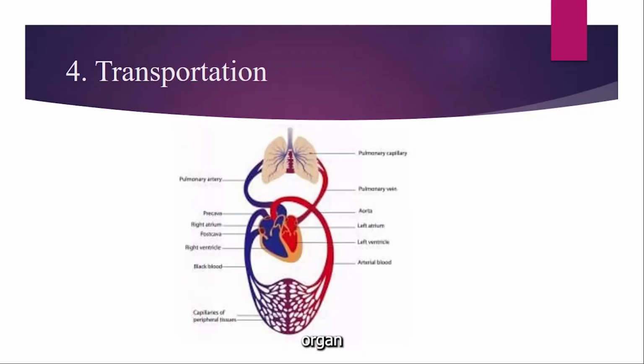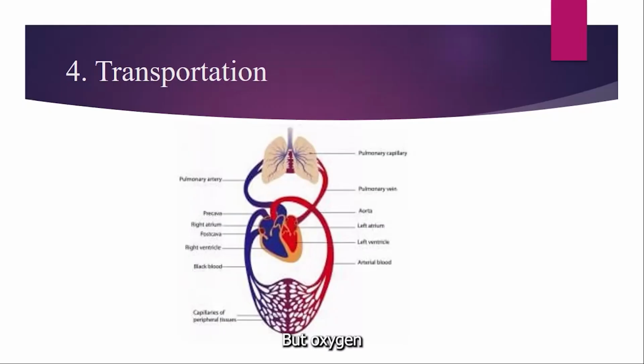A pumping organ is required to push the blood around the body, and a network of tubes to reach all the tissues, and a system to ensure that this network can be repaired if damaged. So what is the pumping organ in our body? It is the heart. What is a heart? It is a muscular organ which is only as big as our fist.